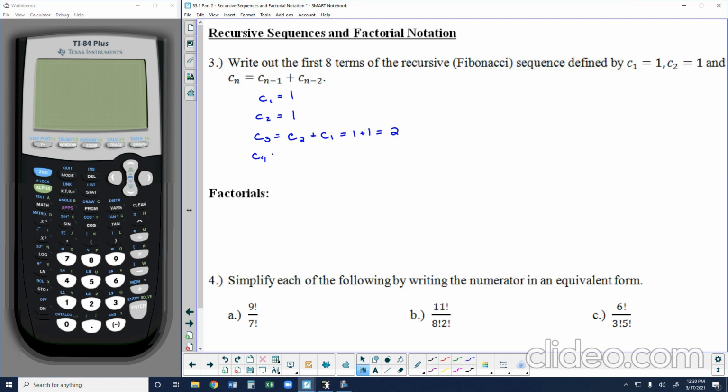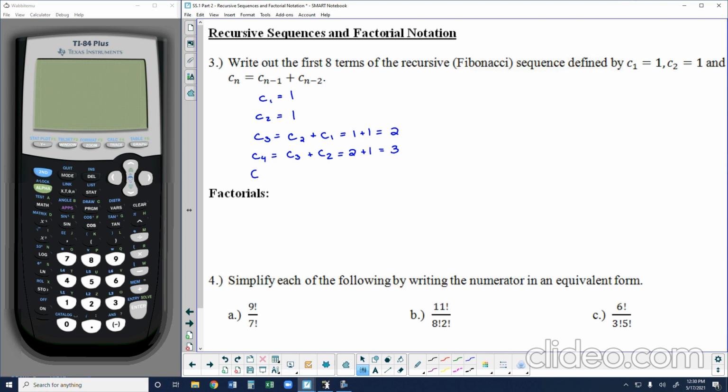So C sub 4, the fourth term, would be found by taking the previous term, C sub 3, or 4 minus 1, plus 2 terms before, C sub 2, or 4 minus 2. The third term was 2, the second term was 1, so the fourth term is 2 plus 1, which is 3.